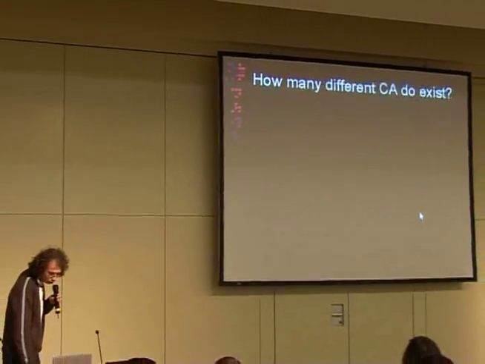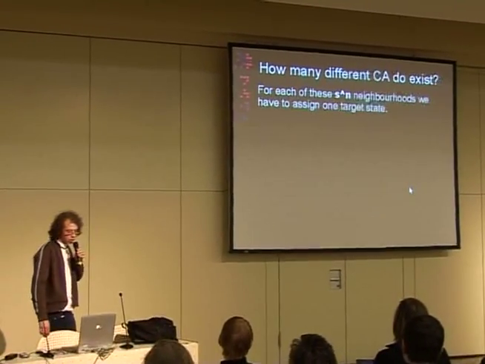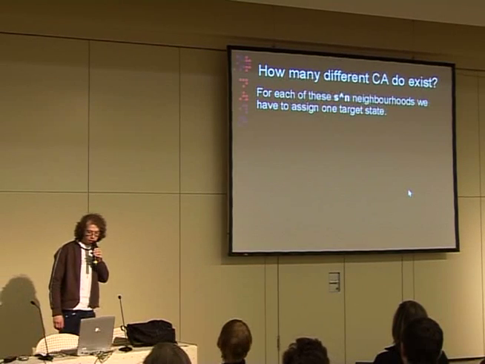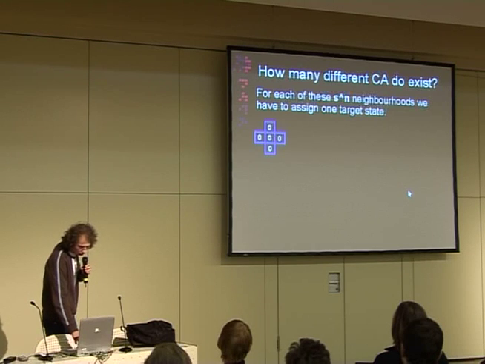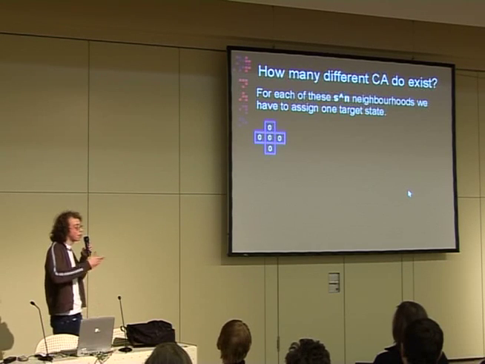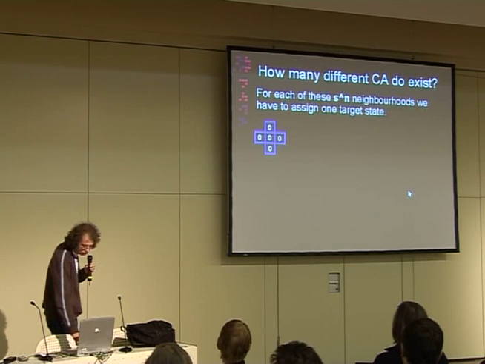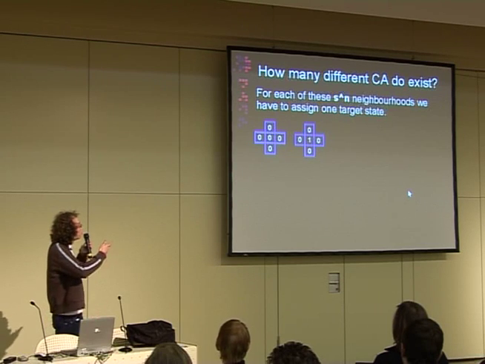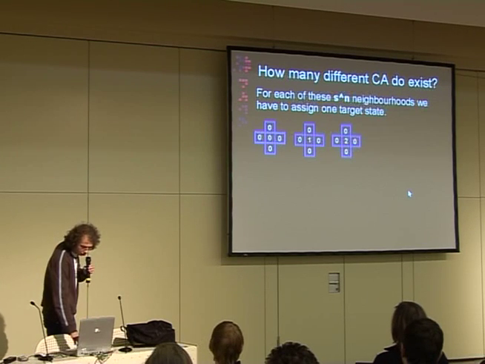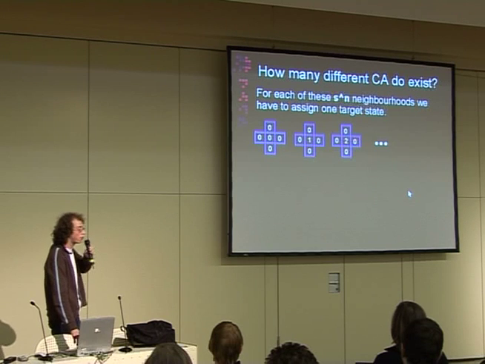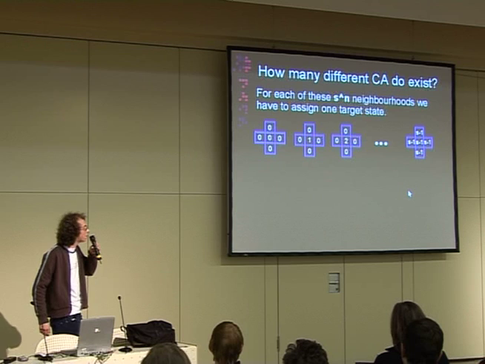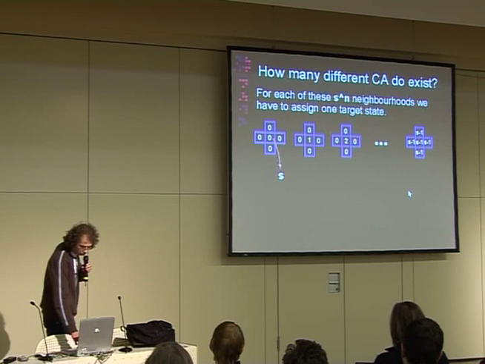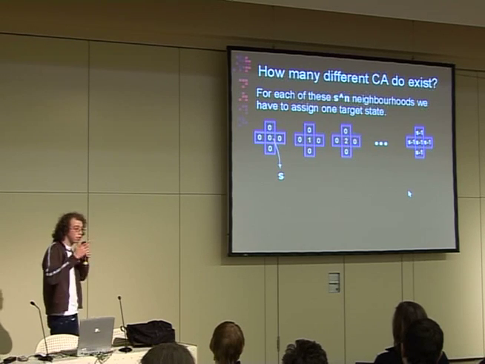For each of these S to the nth power neighborhoods, we have to assign one target state. So if everything is 0, we have to assign one target state. If the center cell is 1 and everything else is 0, or if it's 2, and for each combination till every state is S minus 1, we have to assign one of S target states.